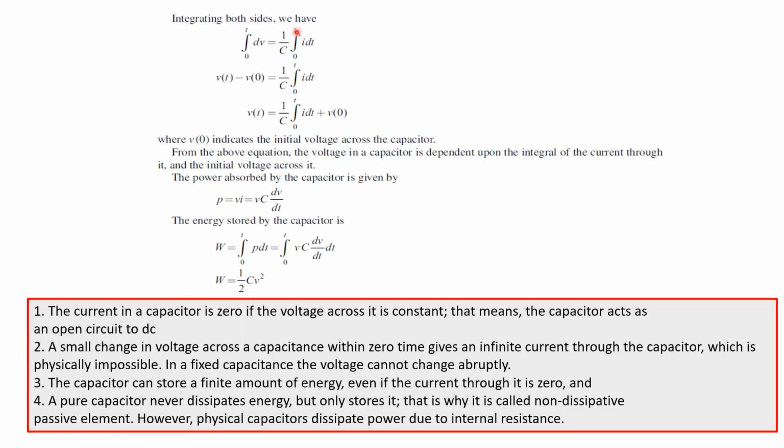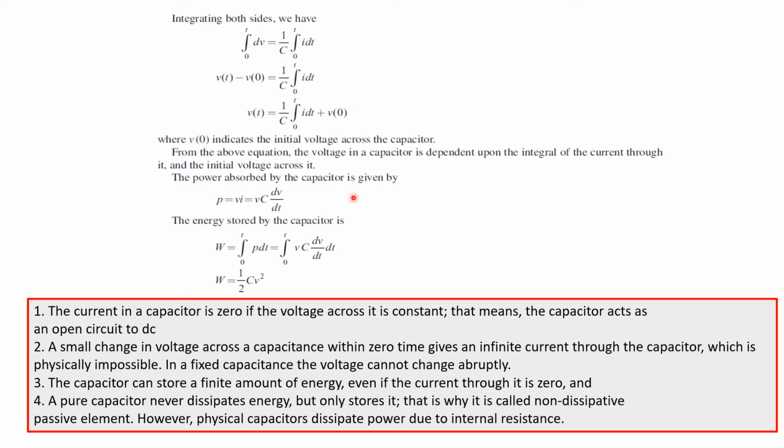Integrating both sides, we have ∫₀ᵗ dV = (1/C) ∫₀ᵗ i dt, which results in V(t) = (1/C) ∫₀ᵗ i dt + V(0), where V(0) indicates the initial voltage across the capacitor. From the above equation, the voltage in a capacitor depends upon the integral of the current through it and the initial voltage across it.